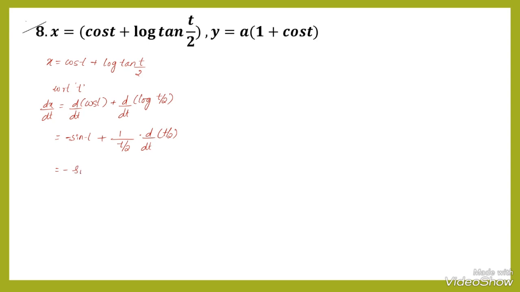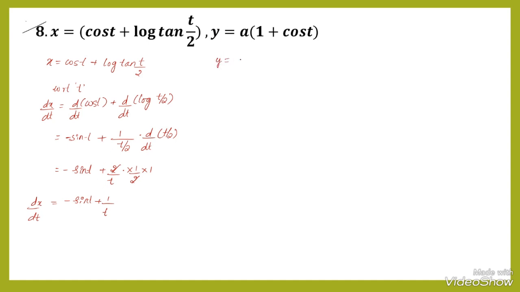Taking 1 by 2 as a constant, the differentiation of t will be 1. Therefore the 2 gets cancelled: minus sin t plus 1 by t. Therefore dx by dt is equal to minus sin t plus 1 by 2.